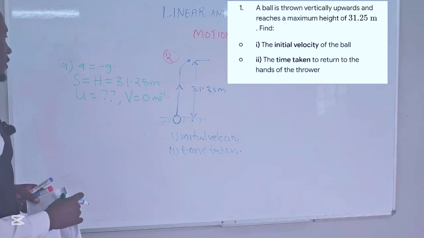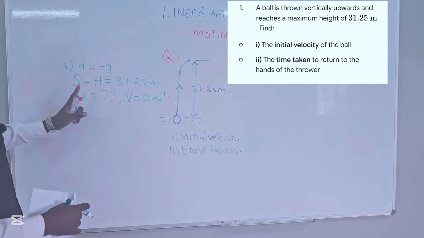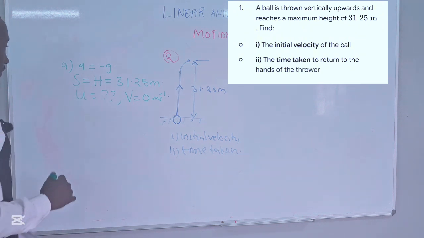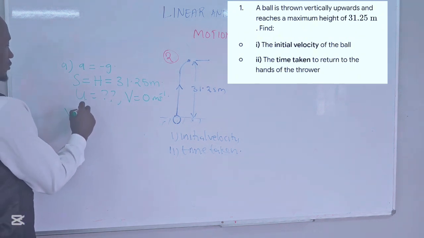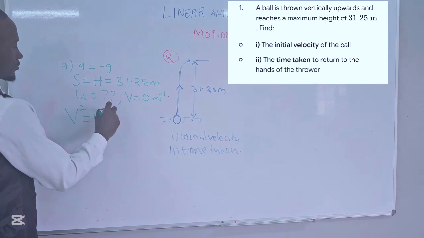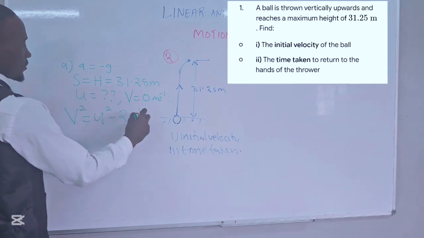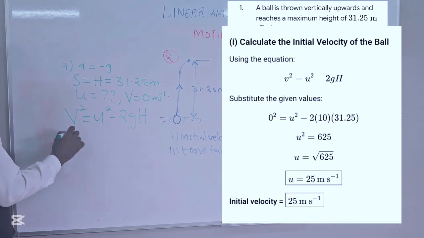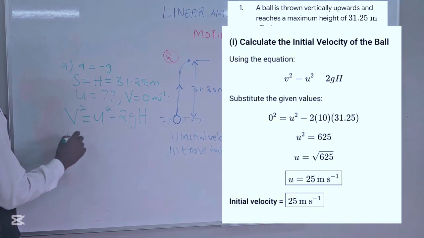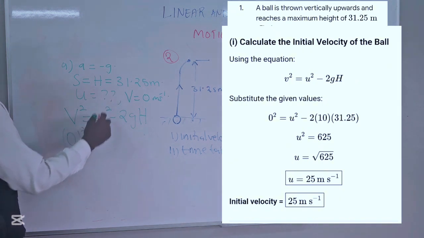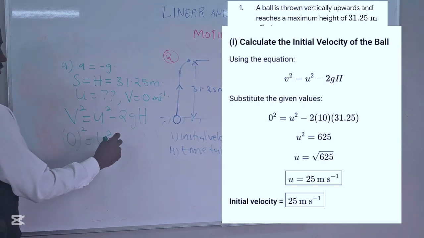So we are going to use an equation which has velocity and displacement. That is the third equation: v squared equals u squared minus 2gs, or h. The final velocity is 0, and the initial velocity is what we are looking for.